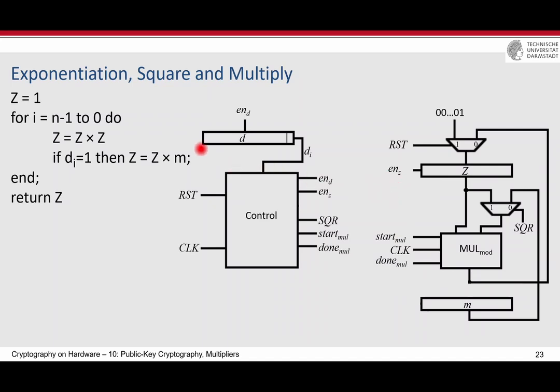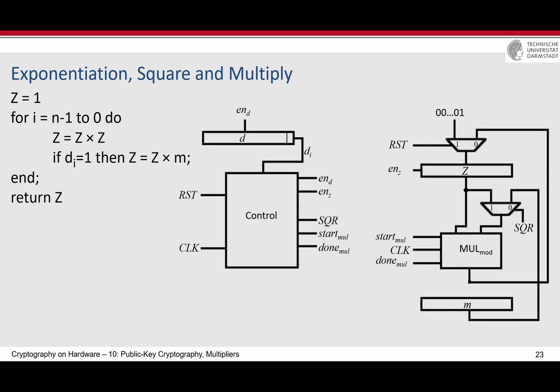At the same time, no, we don't shift here, but at the same time we take DI and decide what we do next clock cycle, whether we need to perform this or we jump. It means that we don't wait for the multiplication here. If this bit is 1, then again we set the square here, in this case 0, and then I start the multiplier again, and the rest works exactly similar to the other clock cycles or rounds.